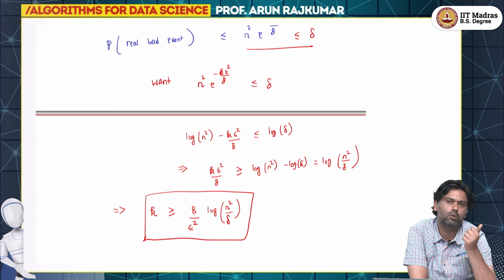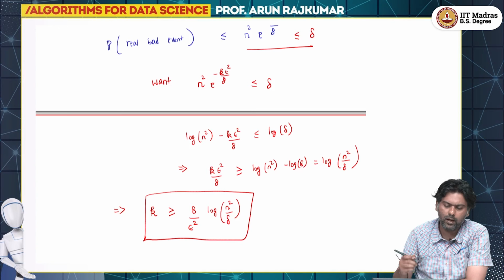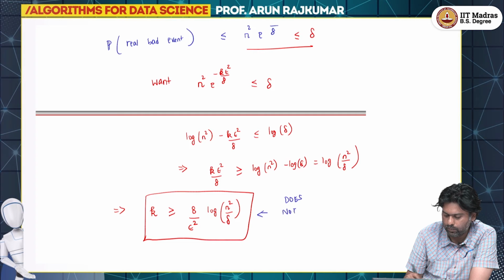So, we have managed to prove a high probability bound, and again I can't reiterate the importance of this: it does not depend on D, the original dimension, right.